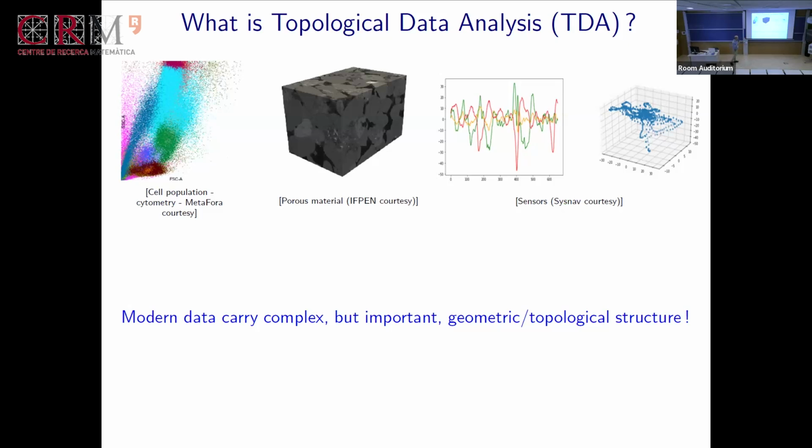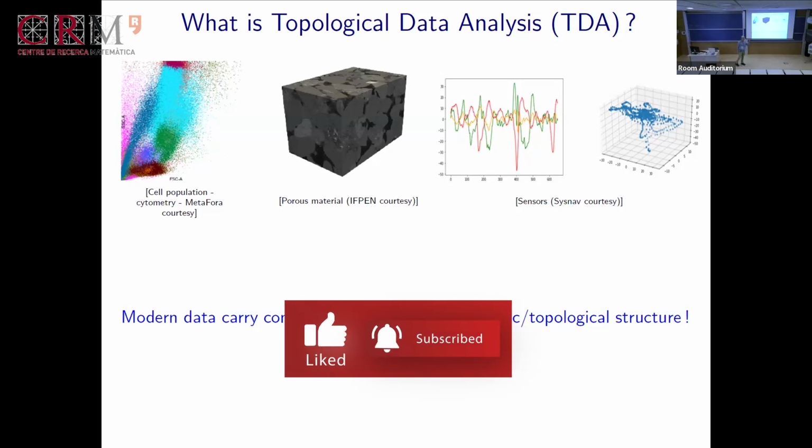And I'm just going to show you a few examples here, very simple, to give you an idea of what we mean. So, for example, data can come in many cases as just a discrete set of observations or samples. For example, here you have a 2D projection of a point cloud in some high-dimensional space.